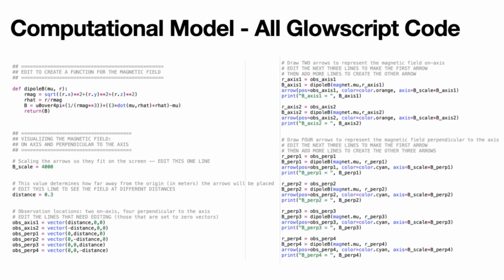And then a similar visual where you can see the remainder of the code that had to be edited to get us a visual picture of what we want to see with the magnetic field on the last part of the GlowScript visual.